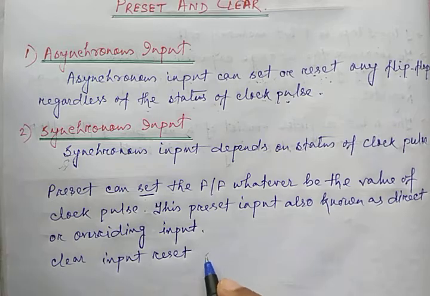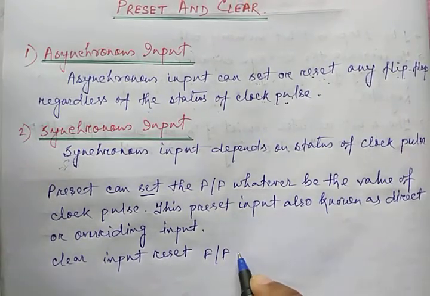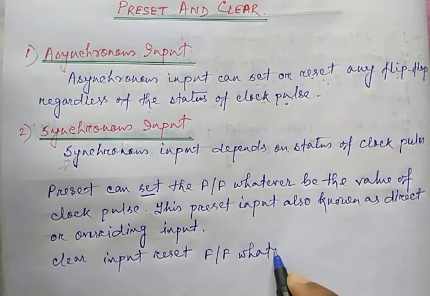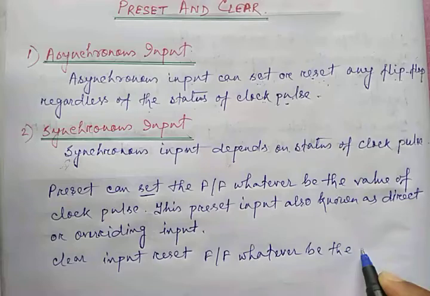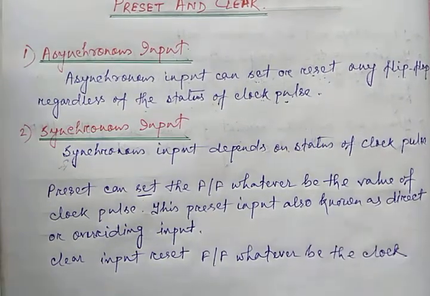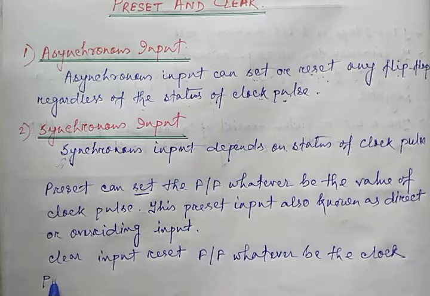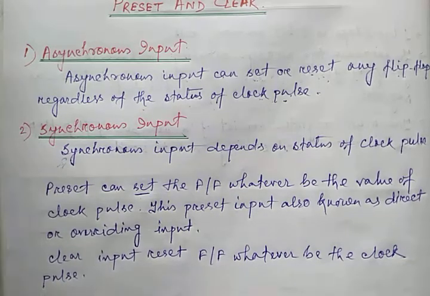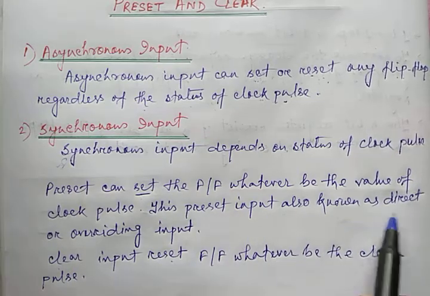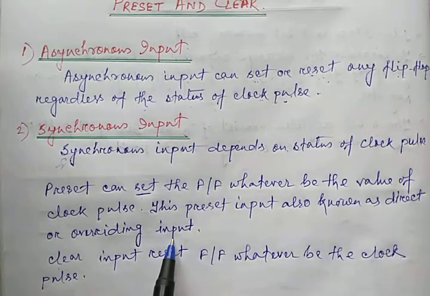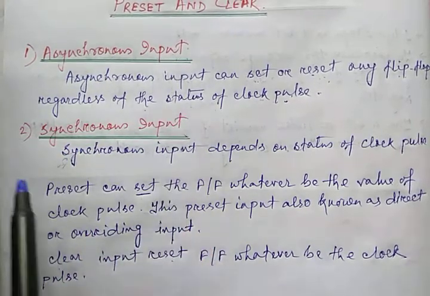Clear input resets the flip-flop whatever be the clock pulse. It can reset the flip-flop. So clear is also known as direct and overriding input. These both are asynchronous inputs.